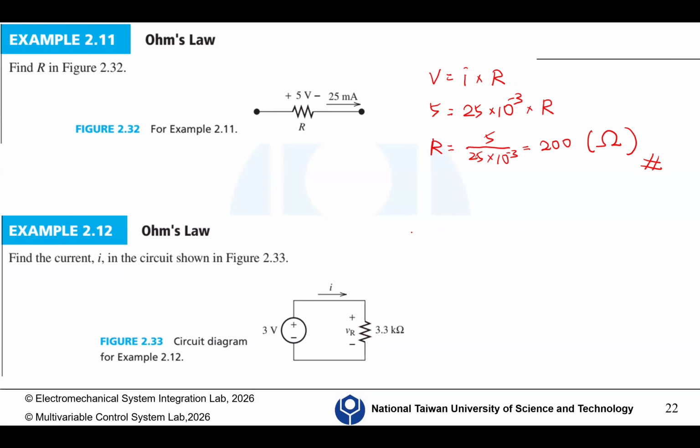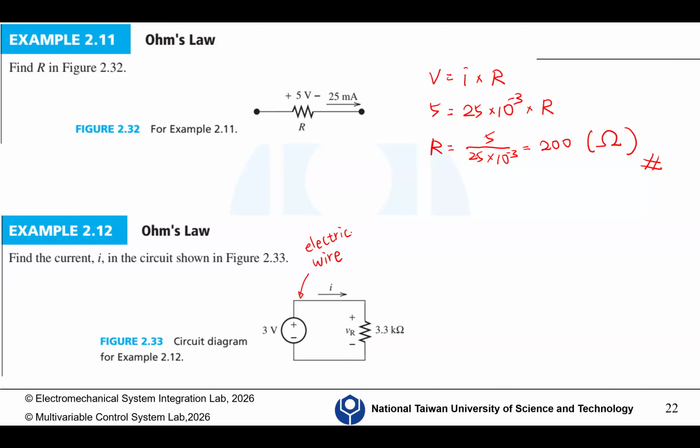By the way, the line here means electric wire, and we assume it's ideal, so it doesn't consume any voltage. Here, you need to find the current I.